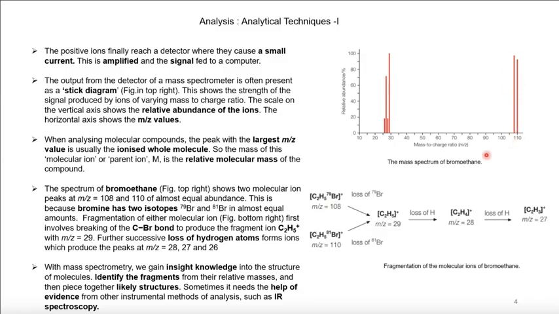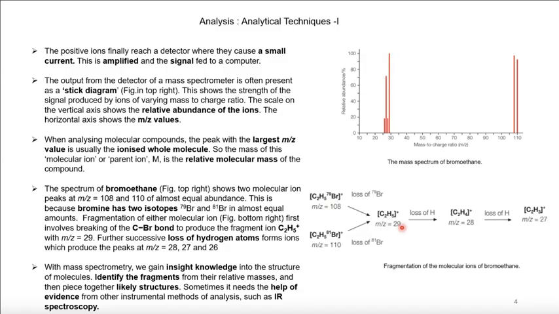Then what happens when it is fragmented? First, the carbon-bromine bond is broken down, and therefore we get a fragment like this, C2H5 plus. And C2H5 plus has a mass to charge ratio of 29. You see, here is the 29.